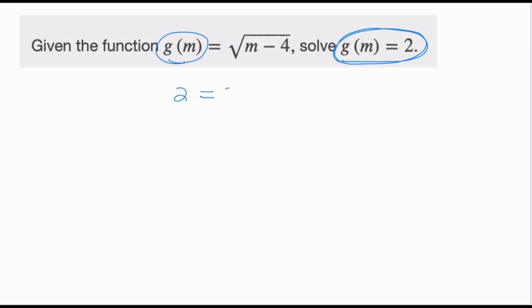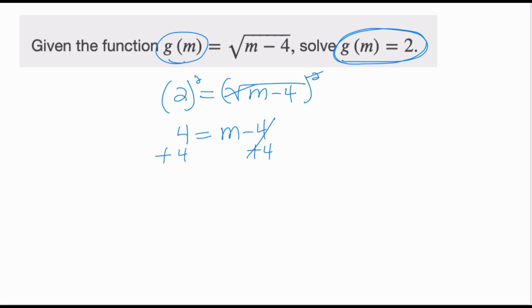So 2 is equal to the square root of m minus 4. How do I solve something like this? To get rid of the radical, I'm going to square both sides. I get 4 is equal to the square root and the square cancel, m minus 4. So if I add 4 to both sides, then I get m is equal to 8.